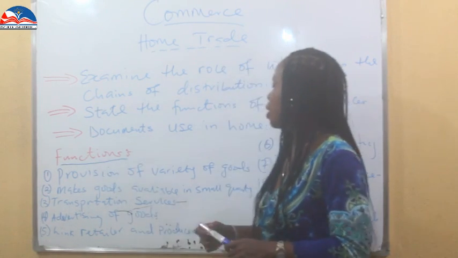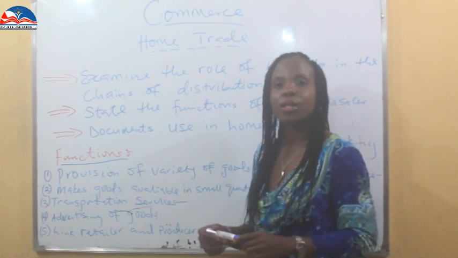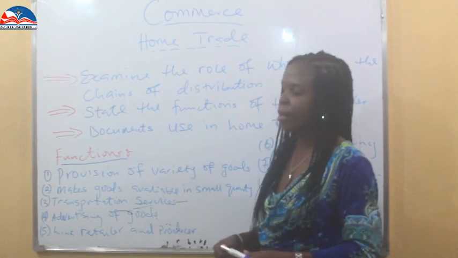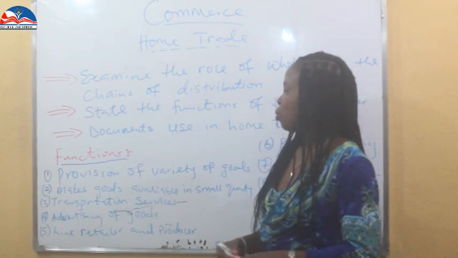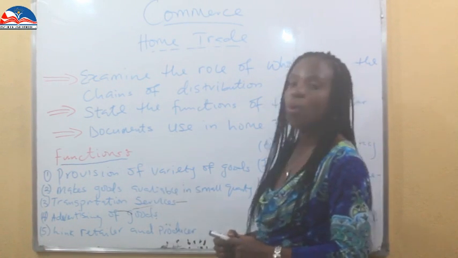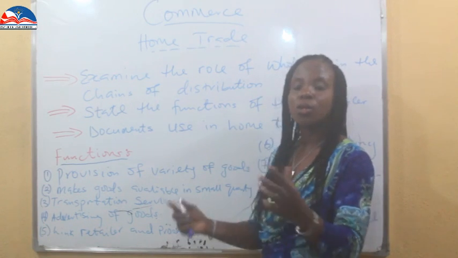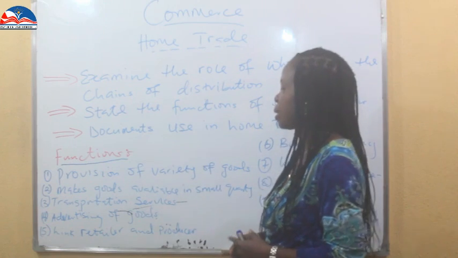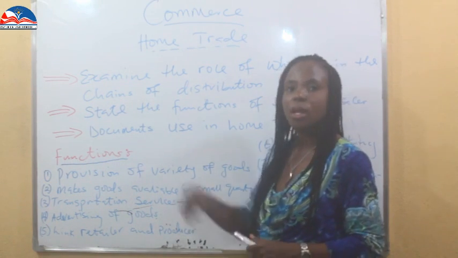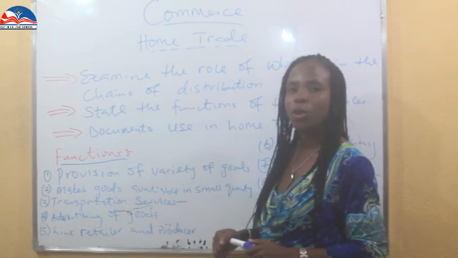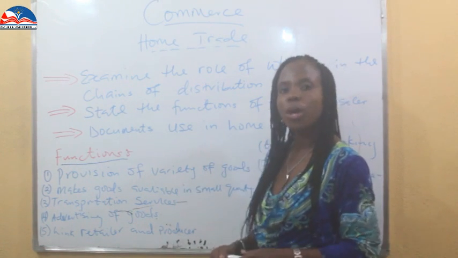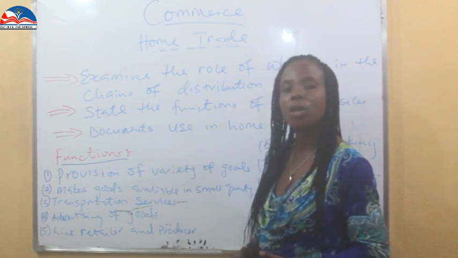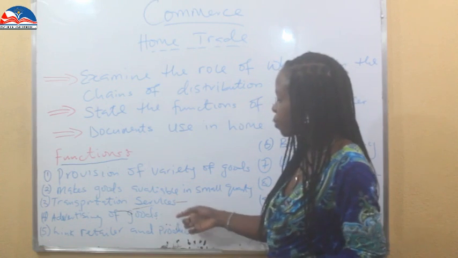1. Provision of a variety of goods. He stores a variety of goods for retailers. 2. He makes goods available in small quantity for retailers, and so retailers can go and buy in small quantity from the wholesalers. 3. Transportation services. He transports goods from the point of production down to his warehouse, where retailers can easily come and buy from him.